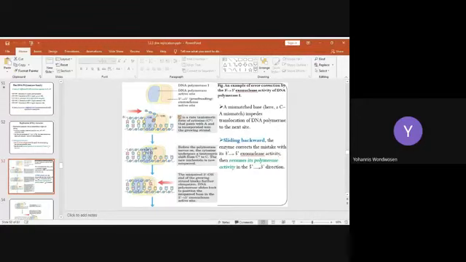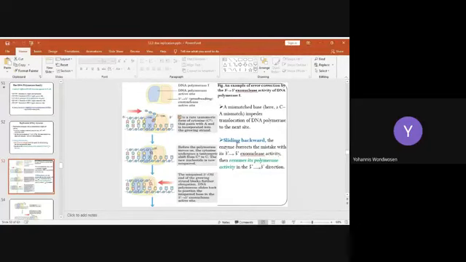So the mismatched 3 prime end of the growing chain will not be continued, because DNA polymerase 3 blocks further elongation of DNA and undergoes 3 prime to 5 prime exonuclease activity to replace it with another nucleotide.